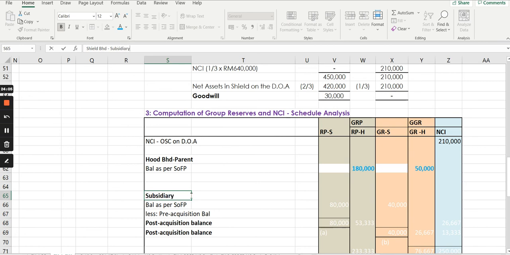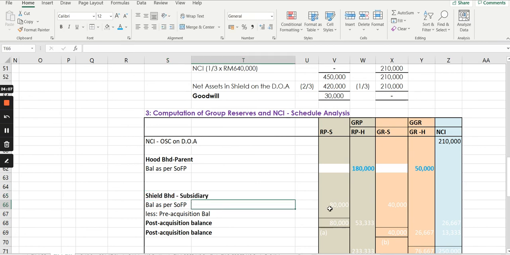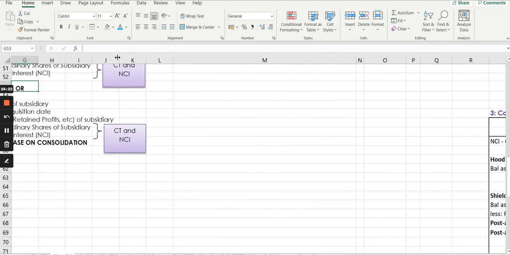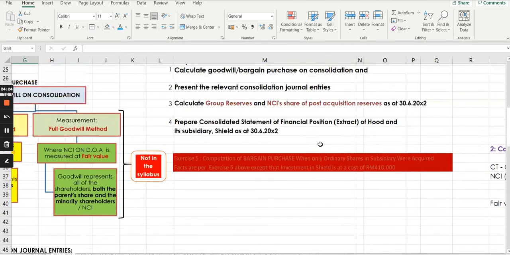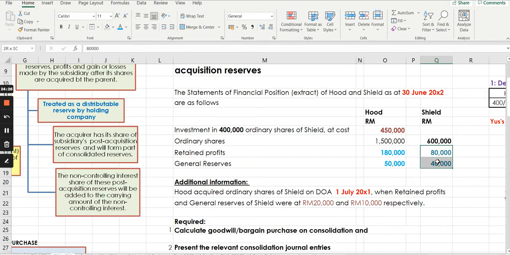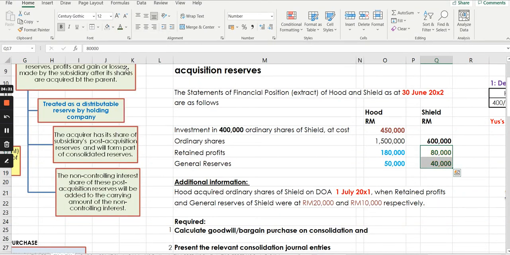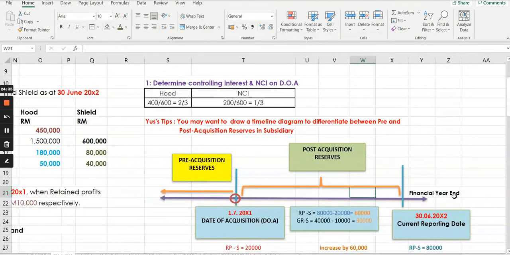For Shield, what you need to do is the same thing as what you do for the group. Put the balance as per the statement of financial position, the one at the reporting date, which we have already decided much earlier. This one. 80 and 40, put them in the correct column.